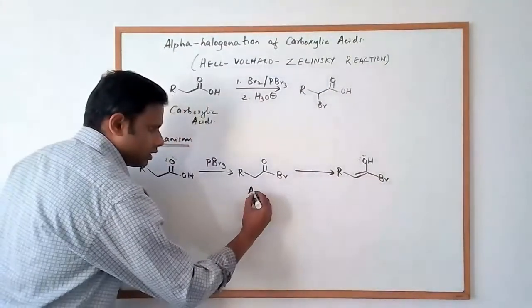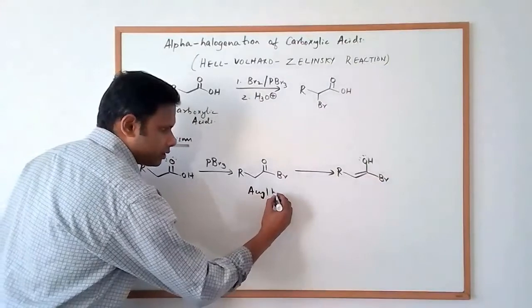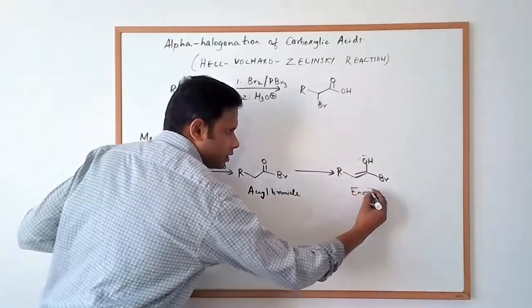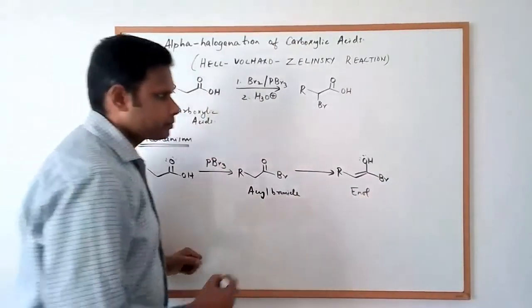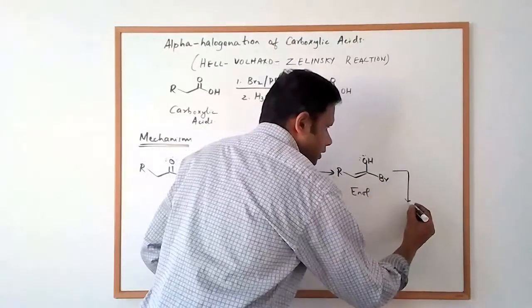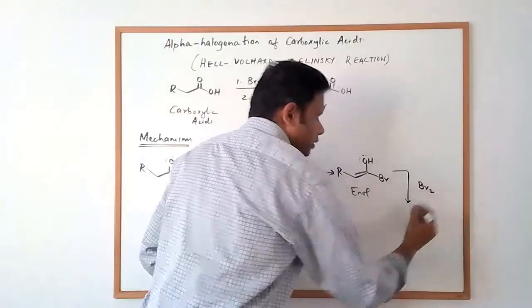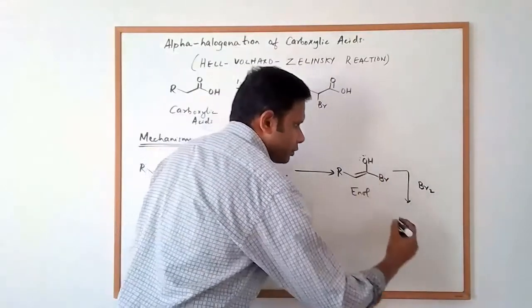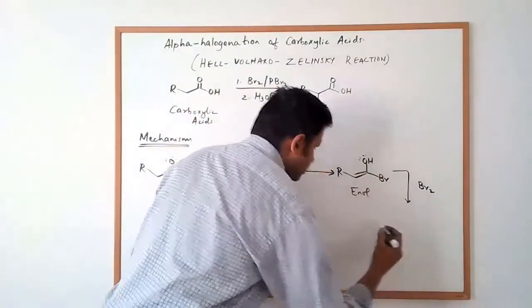So we have the acyl bromide here, and we have the enol form of it. And this enol form is what's reacting with the Br2, very similar to what we've seen previously in terms of mechanisms.